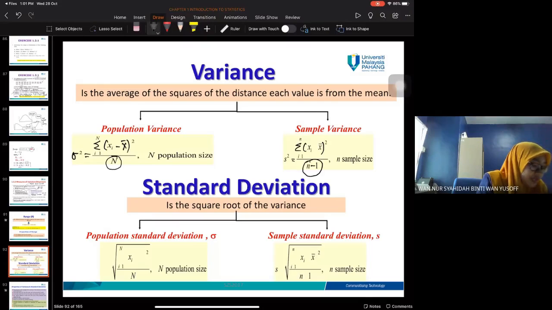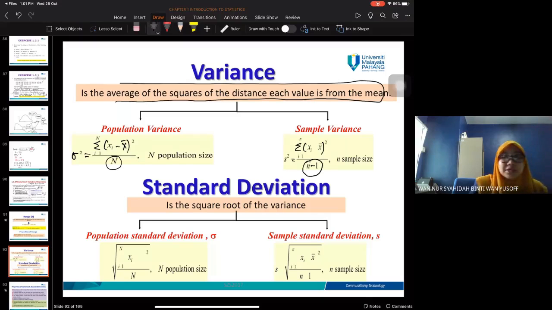The variance and standard deviation are about the average of the square of the distance of each value from the mean. When you need to interpret the variance and you have a single data set, it is about the average of the square of the distance of each value from the mean.